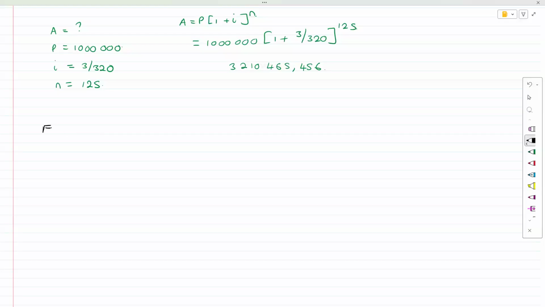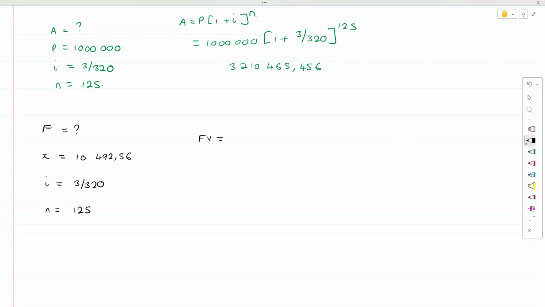So that's F, x, i, n. So n is 125, guys, because that's the payments that was dealt with. i is 3 over 320 because we calculated that. x is 10,000. He's making payments of 10,492.56, and future value is that.